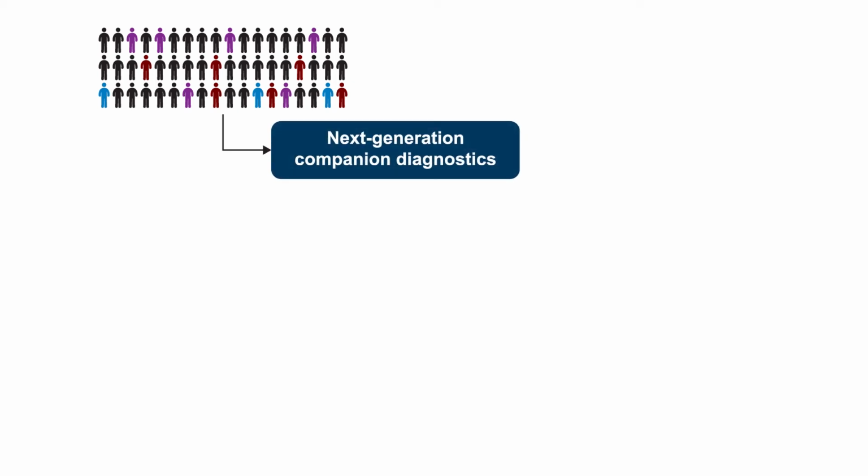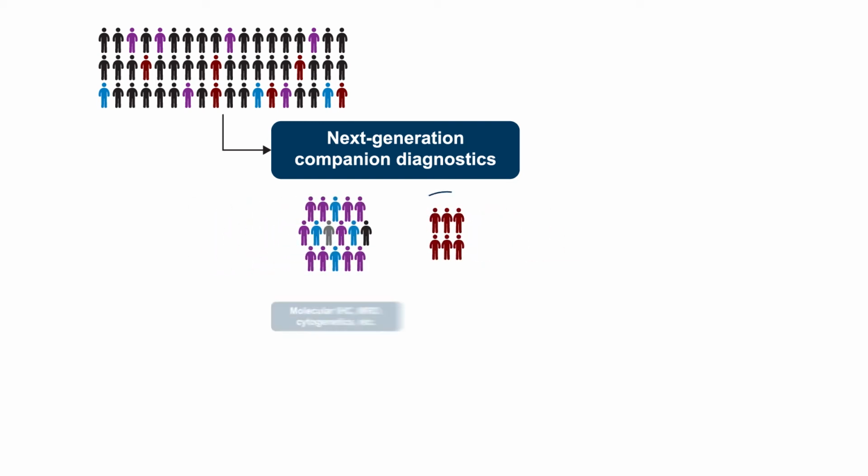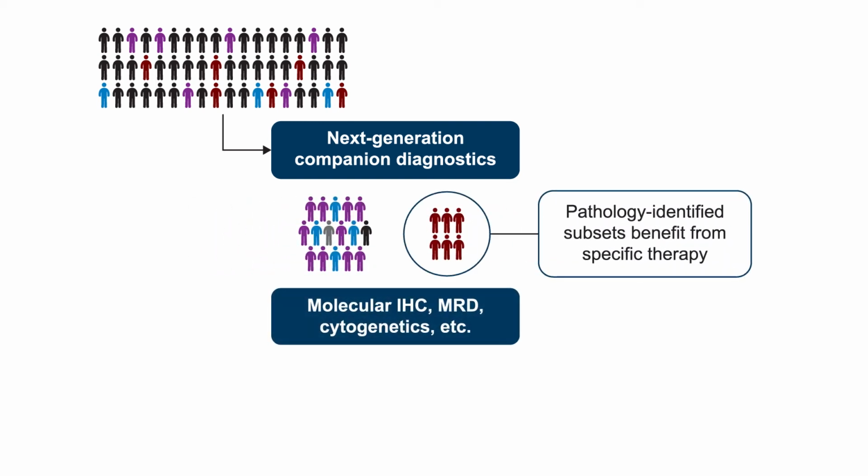As we look at patients with AML, it's becoming increasingly important to perform next-generation companion diagnostics and tease out specific subsets of AML patients who might benefit from various types of therapy.